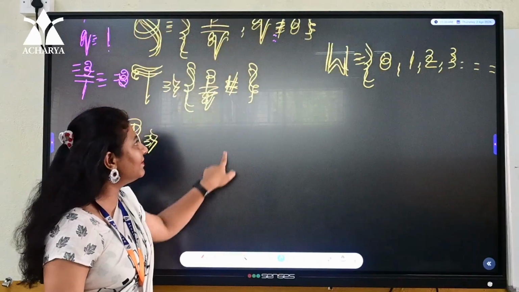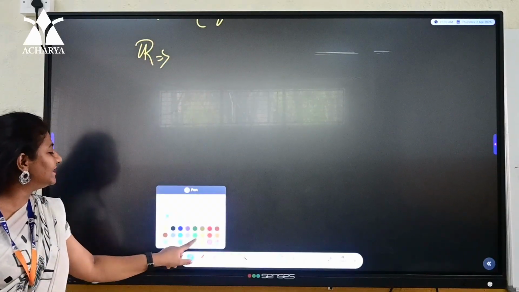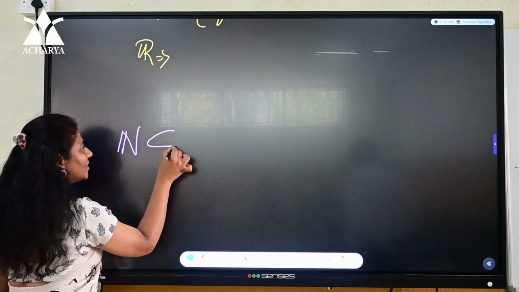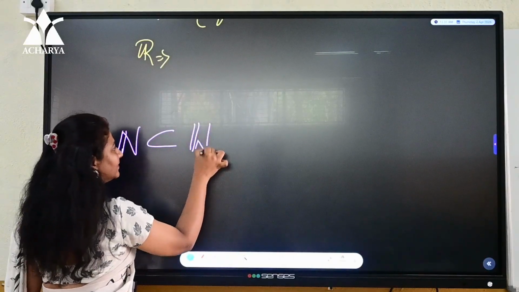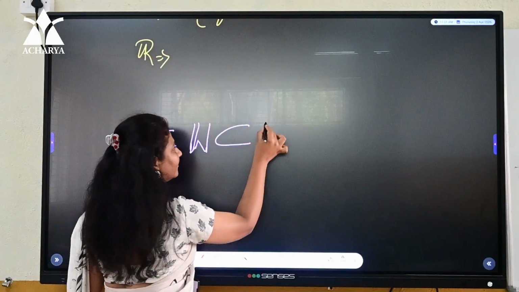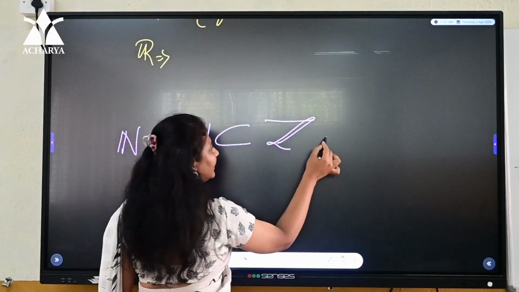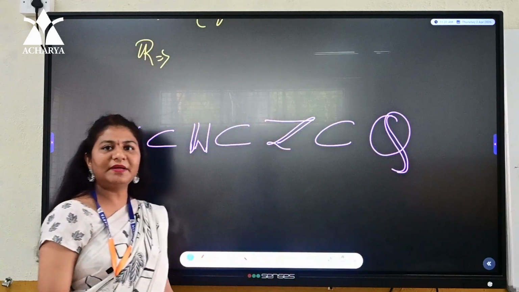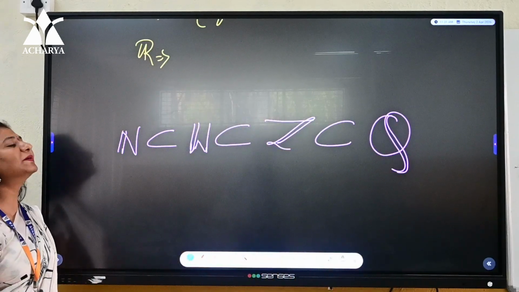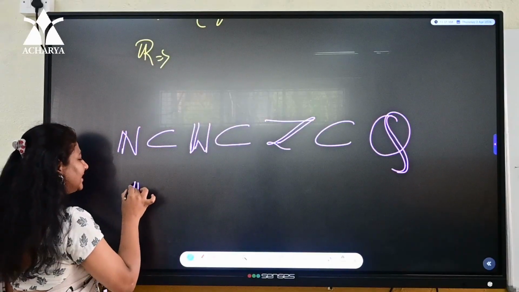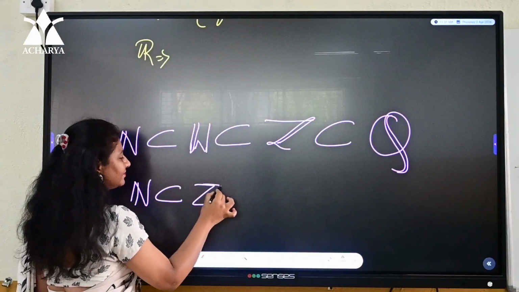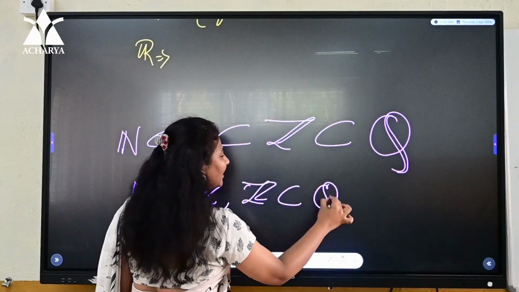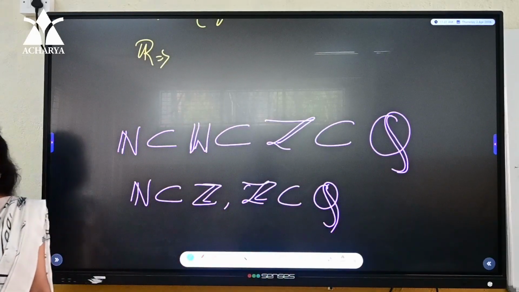For any element of the given set, I can directly say N is a subset of W, W is a subset of integers and integers is a subset of Q. In a simple way, they have been defined as N is a subset of Z and Z is a subset of Q. Then what about the irrational numbers?